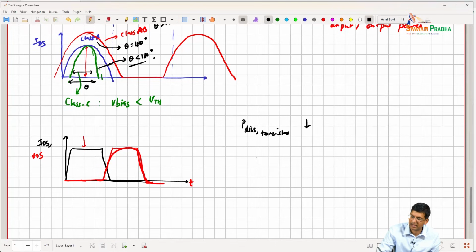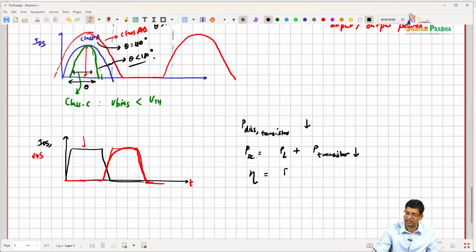I am reducing that, and then my overall DC power is the power dissipated in the load and the power dissipated in the transistor, right? So if I'm able to bring this down, my efficiency, which is my P load divided by PDC, increases, right?